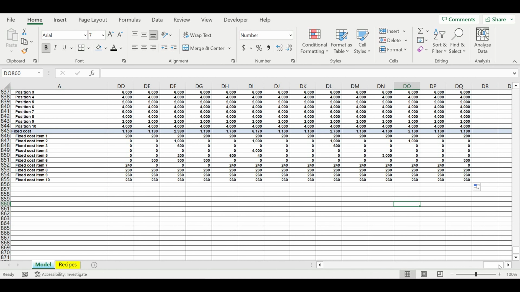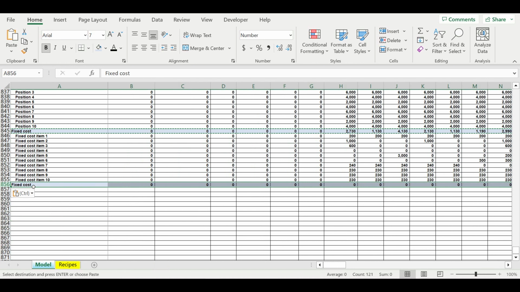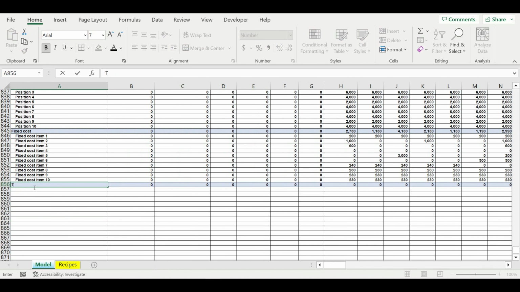Now we are moving to taxes. For taxes, let's create a small block of inputs.